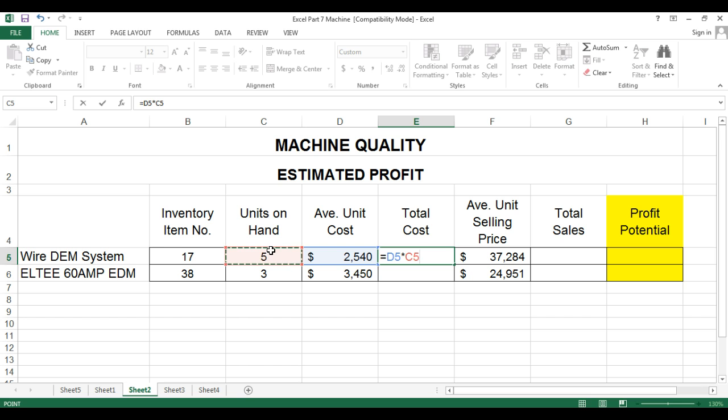It's the units on hand. Okay, then you have your total sales. Start with your equal sign, grab your neighbor, multiply units on hand. You're taking that price and you're multiplying it with all that you have on hand because you're lucky and you sell everything.